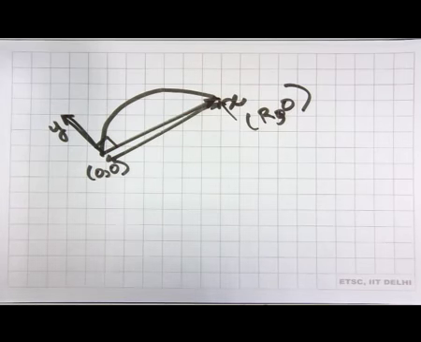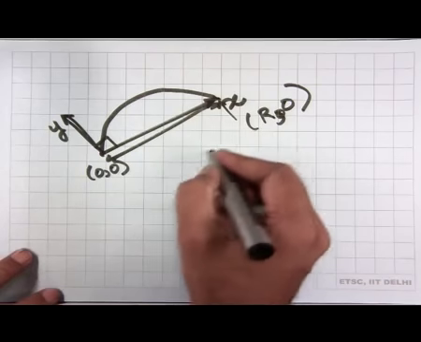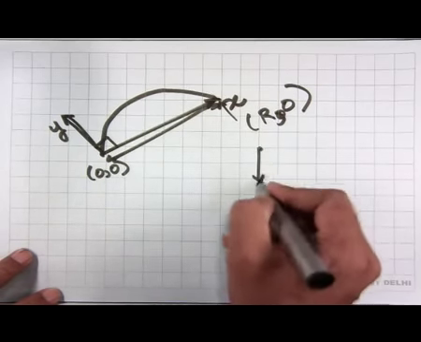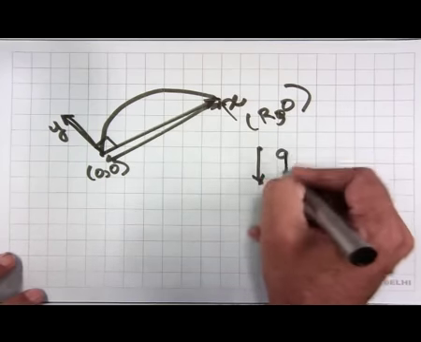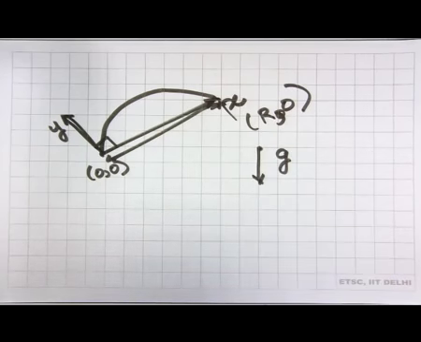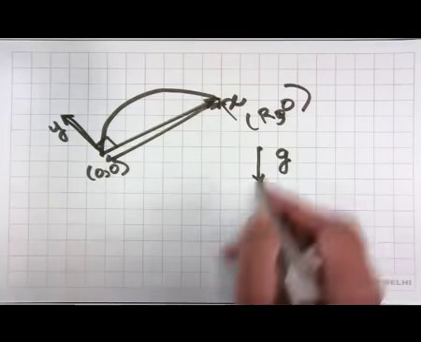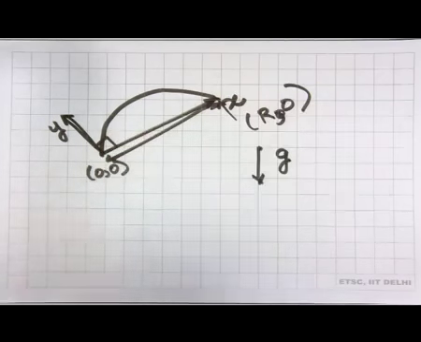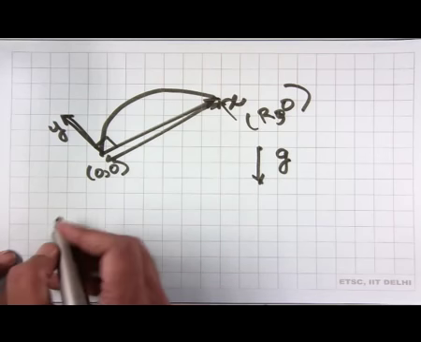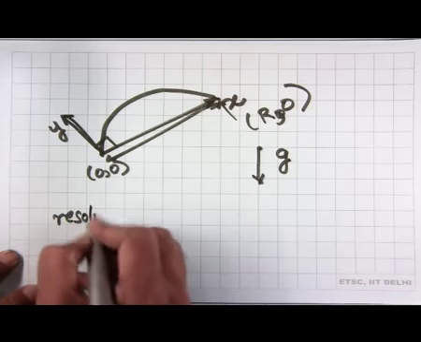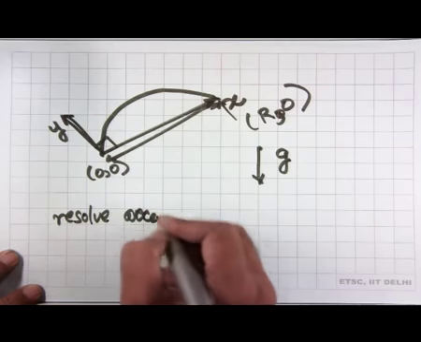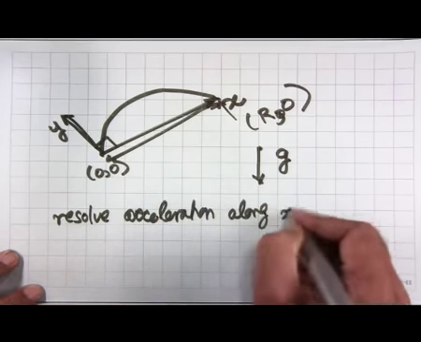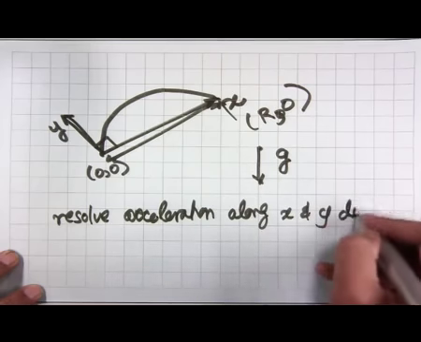Now, the projectile is experiencing an acceleration equal to g. This vertical direction is not parallel or perpendicular to x and y, so we resolve the acceleration along the x and y directions.